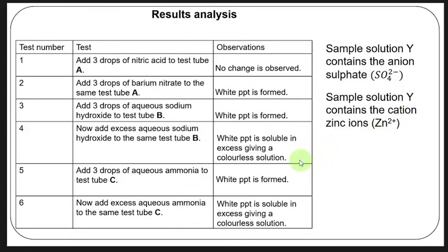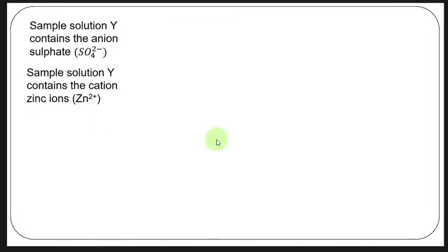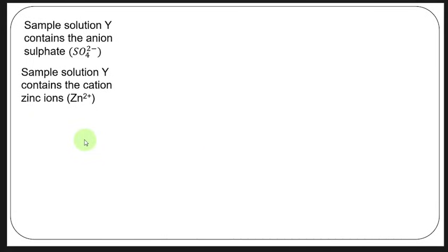All right, so let's now move a bit here. We have already identified the anion and the cation. So what we are saying now is that zinc was in the sample solution, plus what? Plus the sulfate. So these two combined give us zinc sulfate.